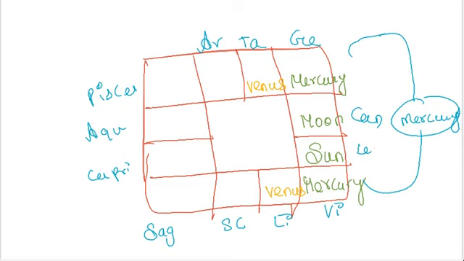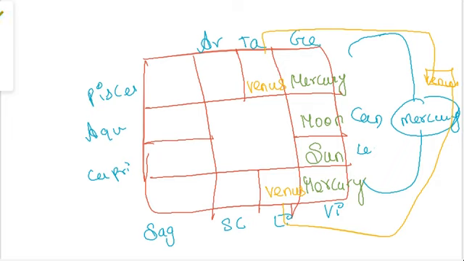Okay, just remember these two, the name of the planet is Venus. Okay, after this we have a planet, the name of the planet is Mars, who rules the house Scorpio and Aries, that is Mars.